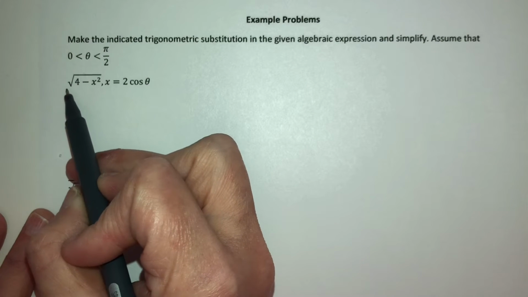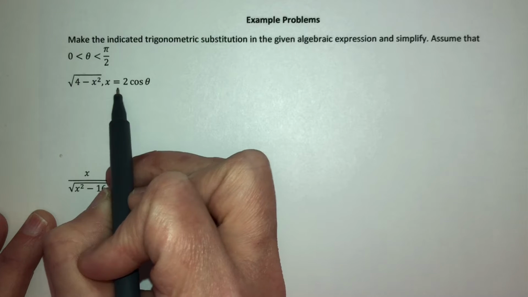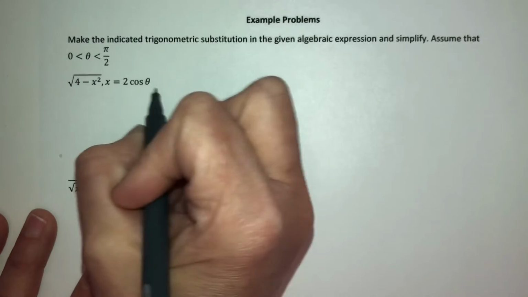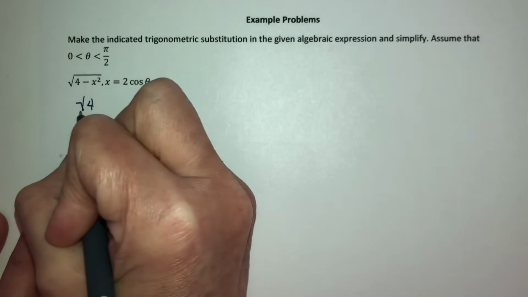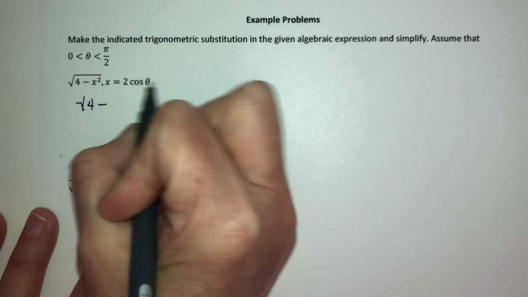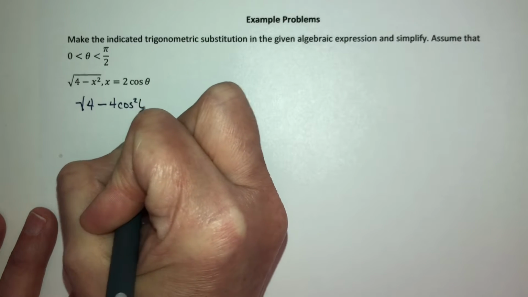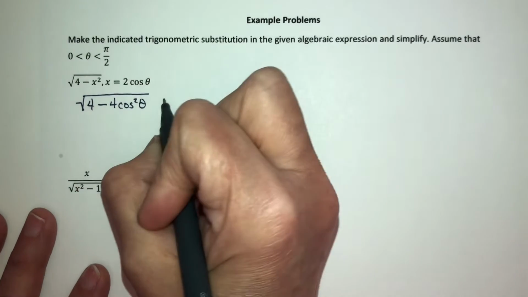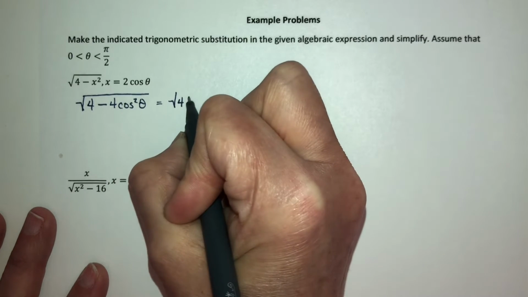So if we're given the square root of 4 minus x squared, and they want us to make the substitution where x is equal to 2 times cosine theta. Well, if I simply make that substitution, I have square root of 4 minus, if I square this, I have 4 cosine squared of theta. Okay. Now I can factor a 4 out of that.